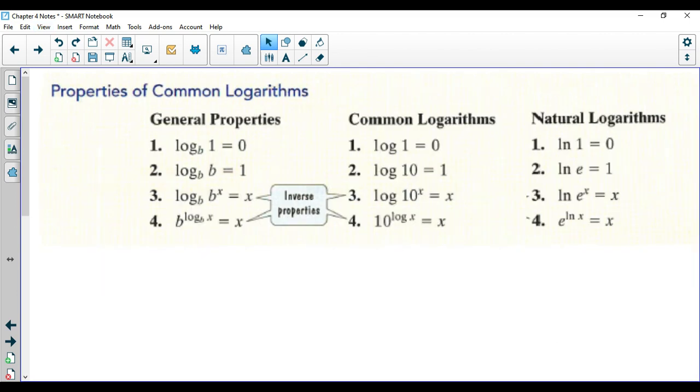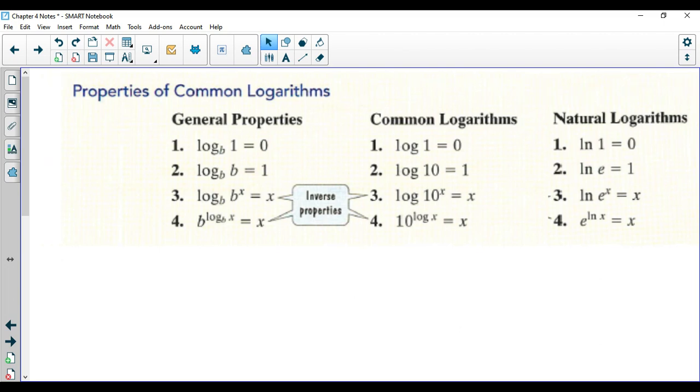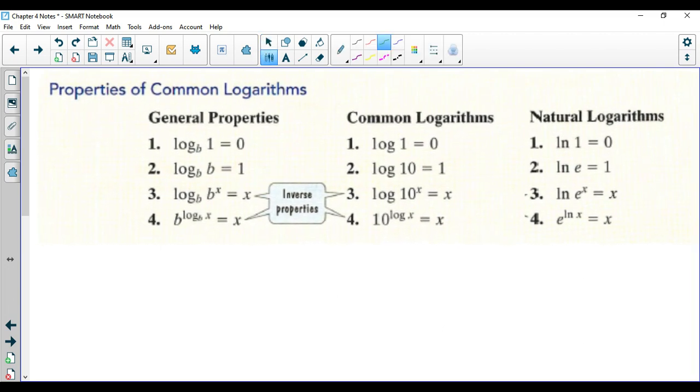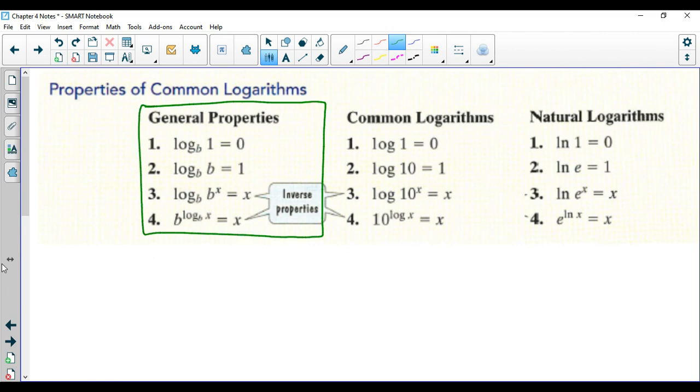I would just write down these properties here. Okay? So these other ones are similar to the ones we just did. So our first property, we have log base b of 1 equals 0. So anytime that number in parentheses is a 1, it's always equal to 0.